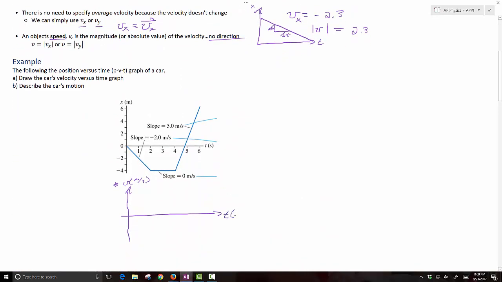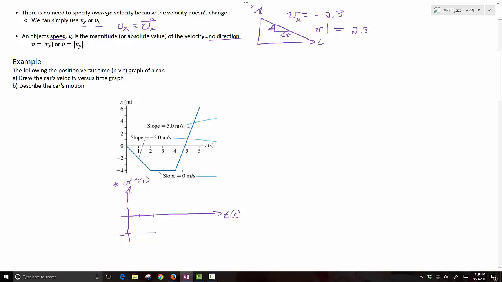So time in seconds. My velocity from time 0 up to time 2 is constant because it's a line, and it's at -2. So I would go to -2, and up until 2 seconds my velocity was -2. That would be a horizontal line for the velocity.